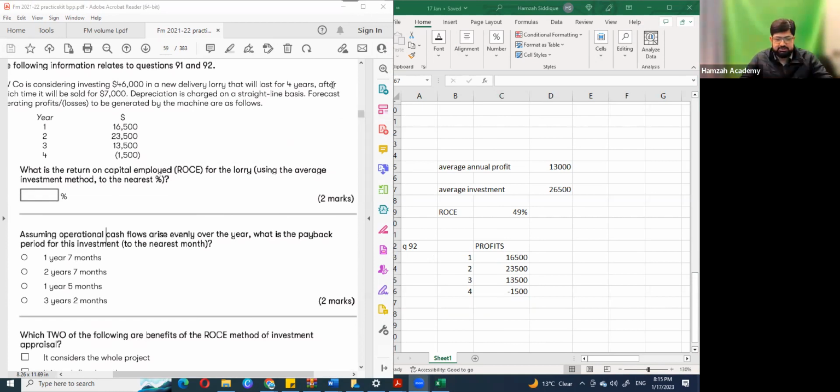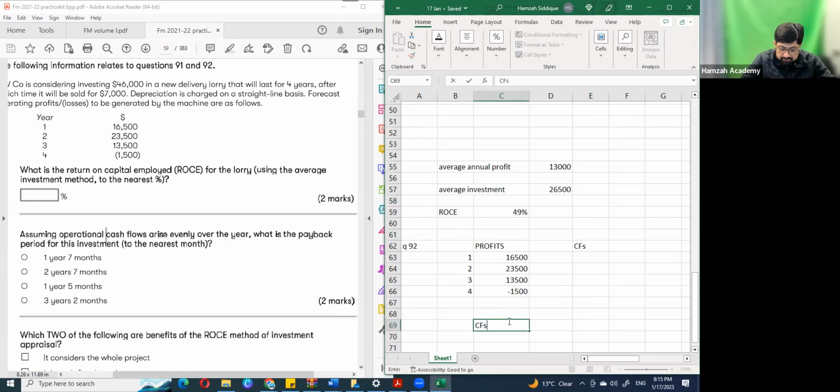We need cash flows. My question to you is how to calculate cash flows. I told you in the last class a formula: if we deduct non-cash expense from cash flows, we get profits. So we need cash flows now.